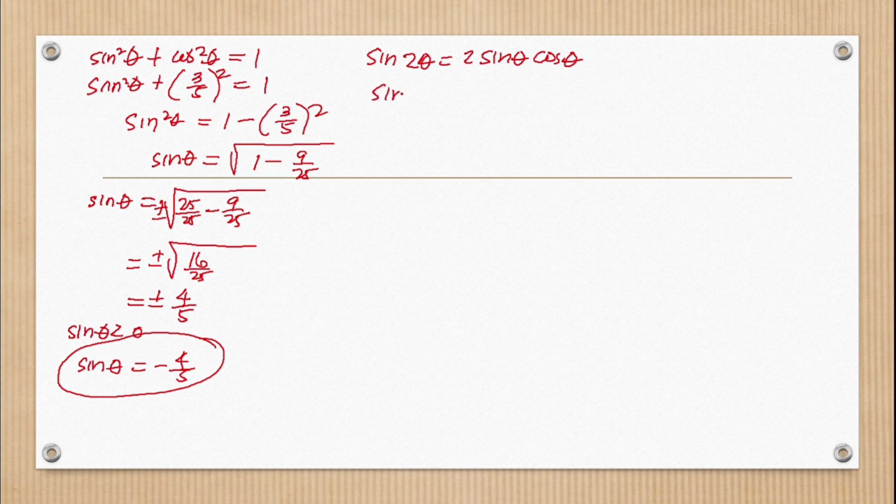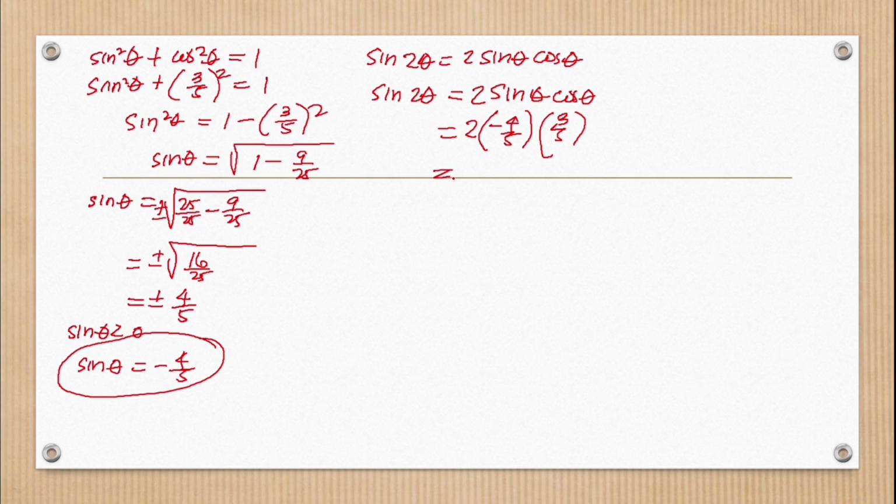So sine 2 theta is equal to 2 times negative 4 over 5, times cos theta, which is 3/5.